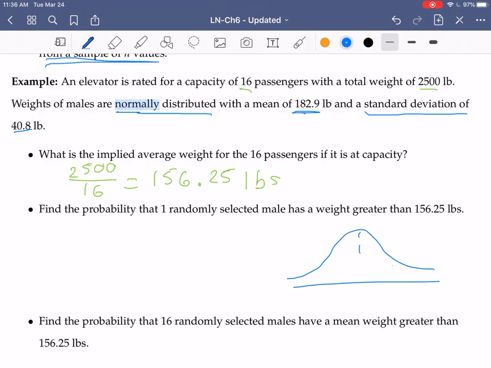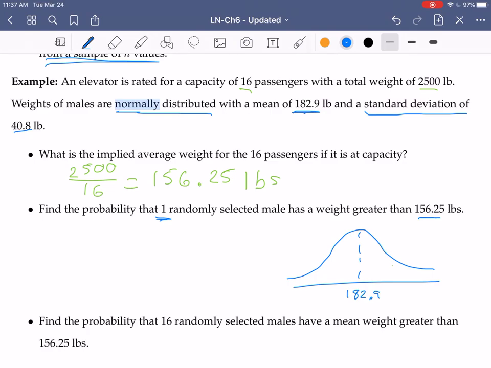So we want to know the probability that one randomly selected male has a weight that is more than 156.25.